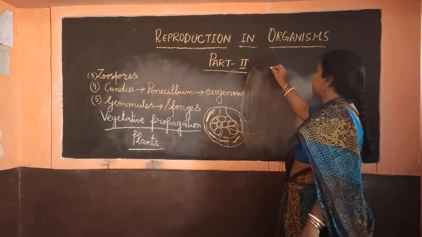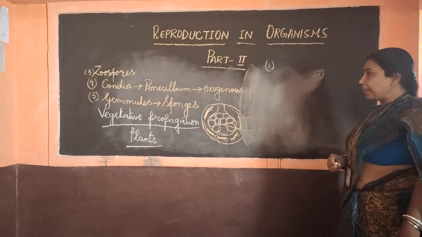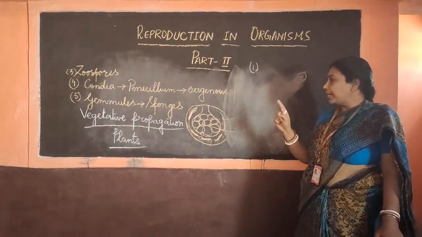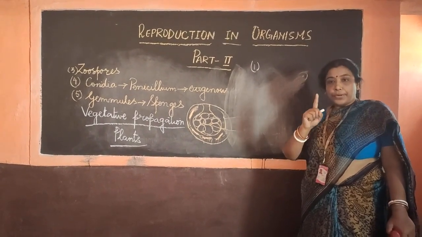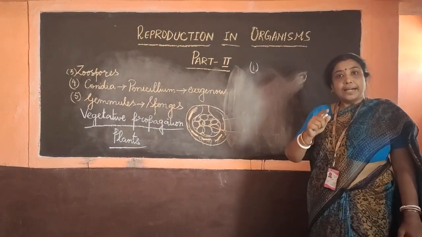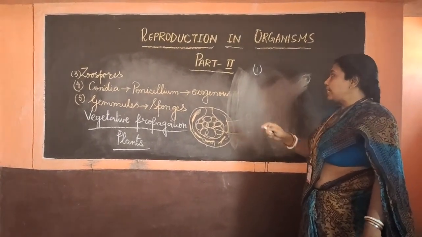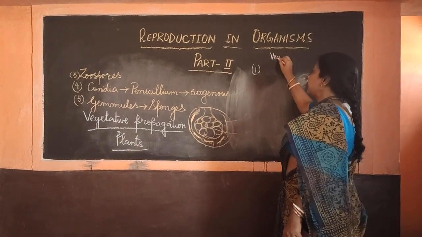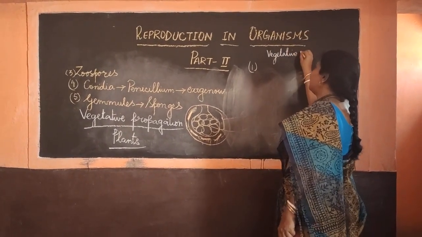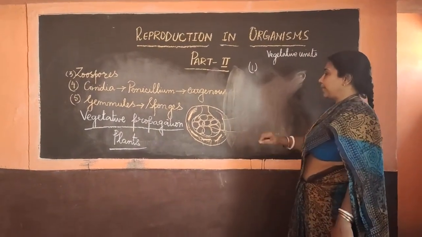First method of vegetative reproduction: there are certain structures in plants. Why is it known as vegetative reproduction or propagation? Because reproduction takes place from the vegetative parts of the plant other than the reproductive parts. So there are certain vegetative units in plants which are responsible for causing that vegetative propagation.